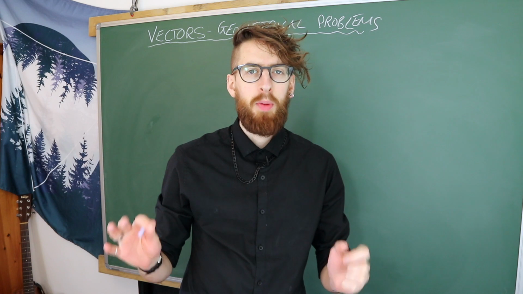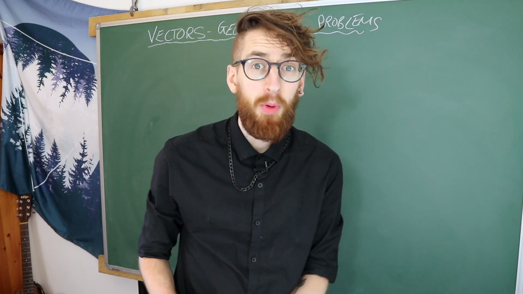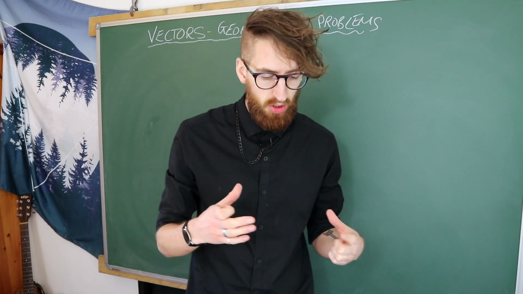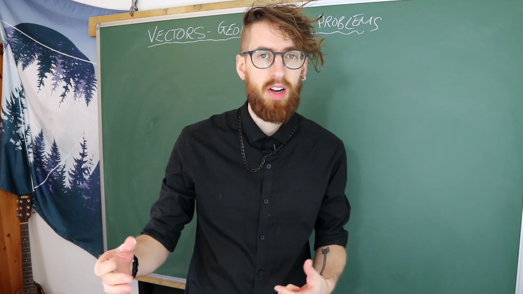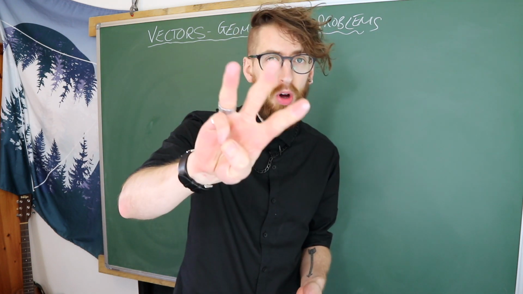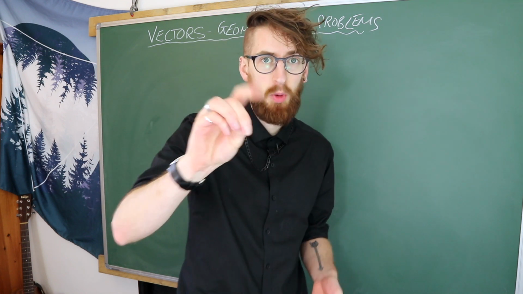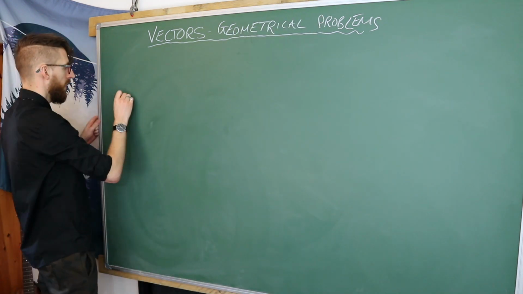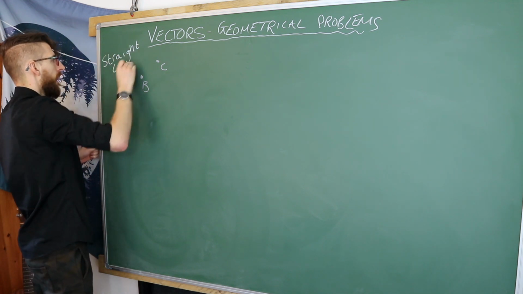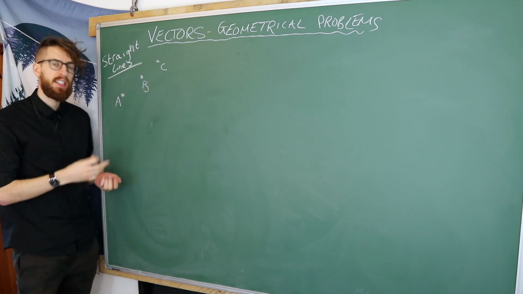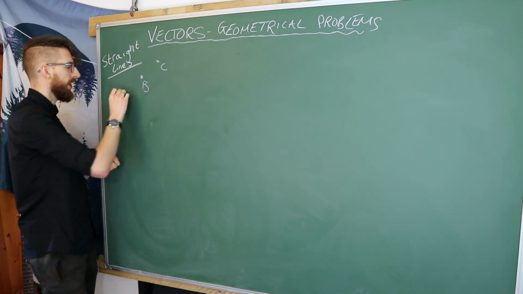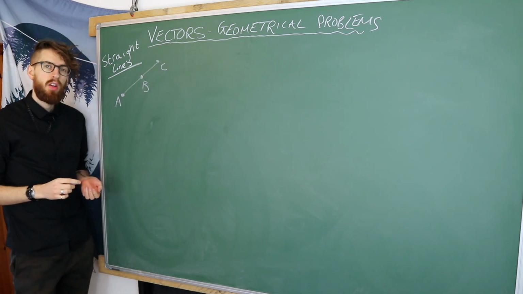So the first thing that we want to do is talk about straight lines. How can you use vectors to tell if something is on a straight line? We're going to start with 3 points, A, B, and C. These are our 3 points, and they look like they're on a straight line. We can maybe connect them up like that.